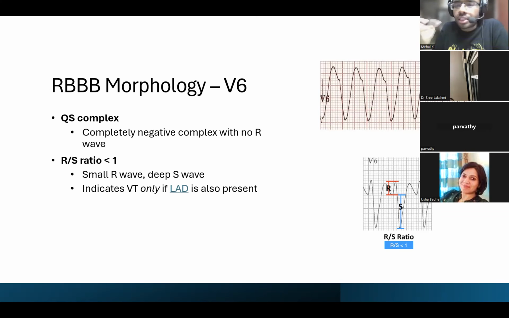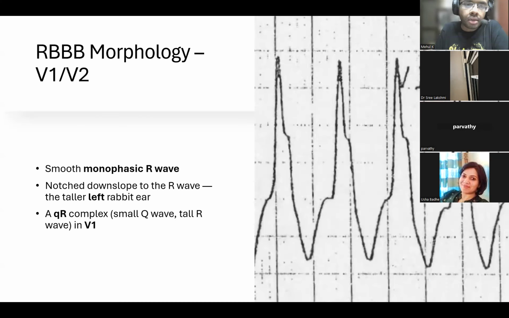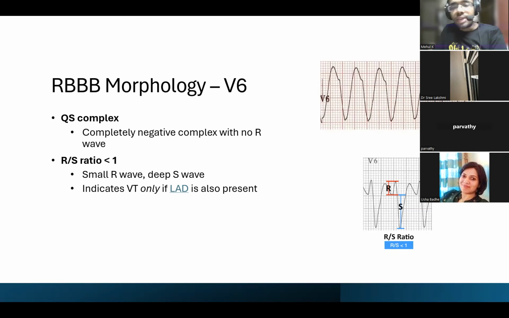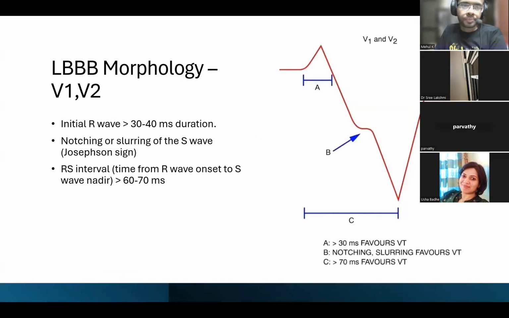That again is not typical of RBBB, that favors VT. So I'll review for RBBB morphology in V1 and V2. If you have a big, smooth monophasic R wave, taller left rabbit ear, or a QR complex, that favors VT. In V6, if you have a QS complex or an R by S ratio of less than 1, that also favors VT.